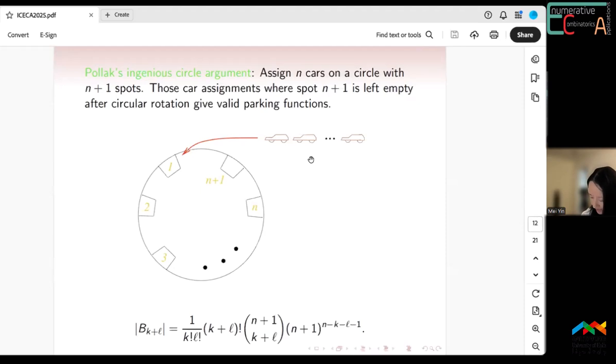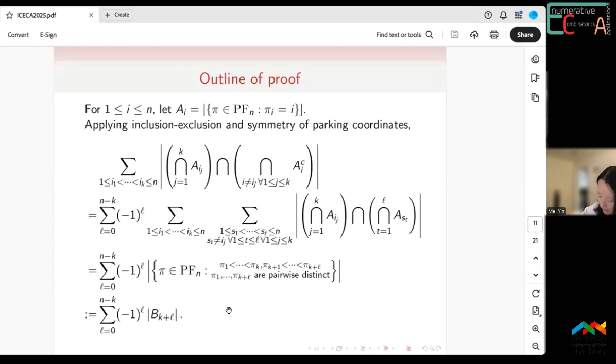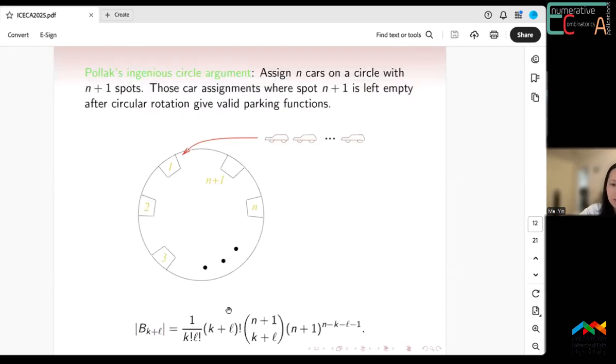And from this, if we look at the previous slide, π1 up to π(k+L) are pairwise distinct, so we need to choose k+L distinct points on the circle. That's why we have (n+1) choose (k+L), and all the other car preferences could be any of the n+1 choices. Then, with some other combinatorics, we get the formula.